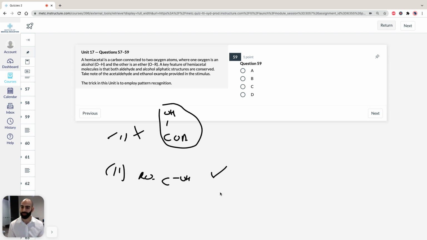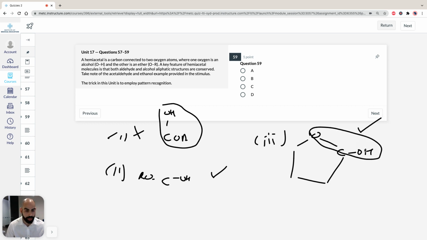Remember to employ pattern recognition. In structure 3, we're shown a cyclic compound, so we have to make sure we conserve the ether with the hydroxyl group. We've got the carbon here with a hydroxyl and the ether, so we've conserved the molecule and it's a hemiacetal. Therefore, the answer for 59 has to be 2 and 3 only, so it has to be D.